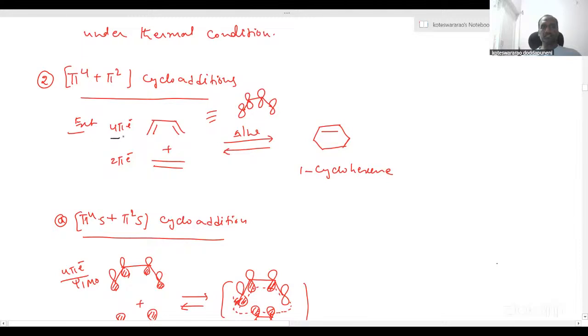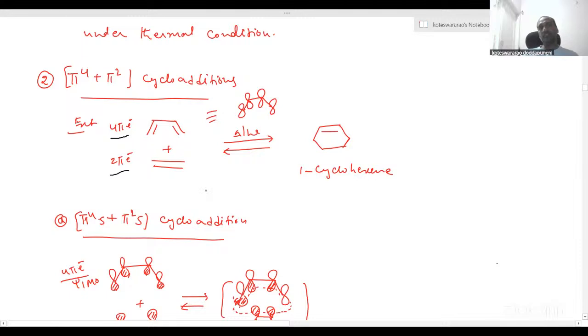That means it involves one of the pi systems with 4 pi electrons and another pi system with 2 pi electrons. That is, 1,3-butadiene undergoing cycloaddition with ethylene that produces cyclohexene. A very familiar reaction, the Diels-Alder reaction. The diene undergoes cyclization with the dienophile that produces the six-membered ring, right?